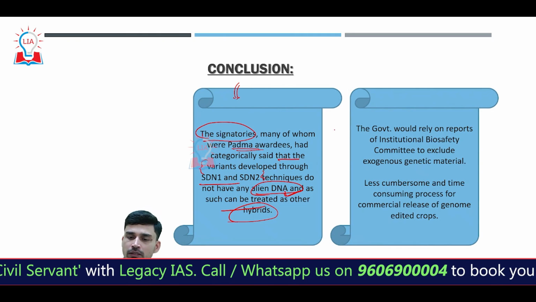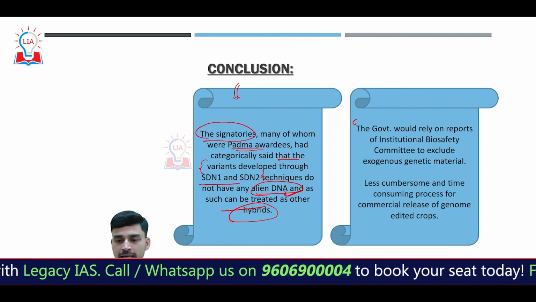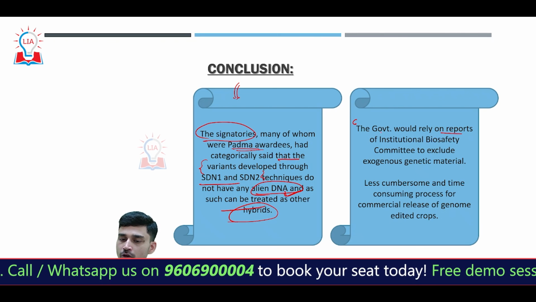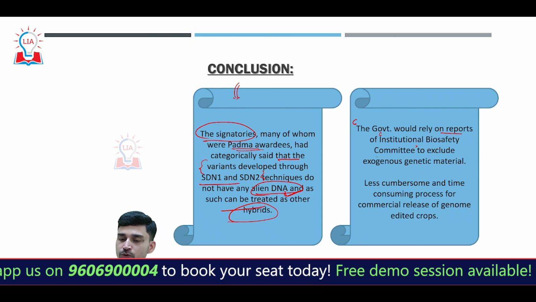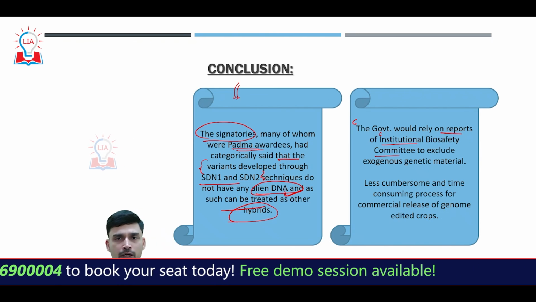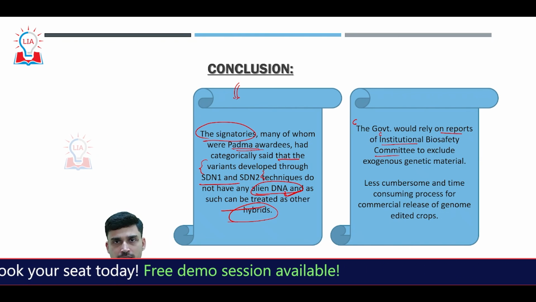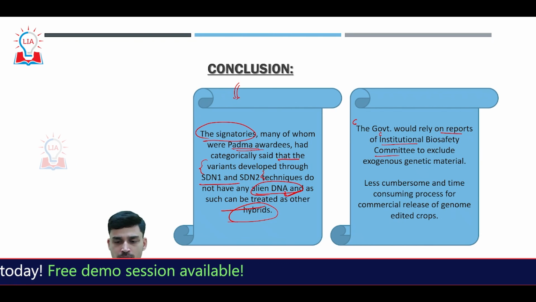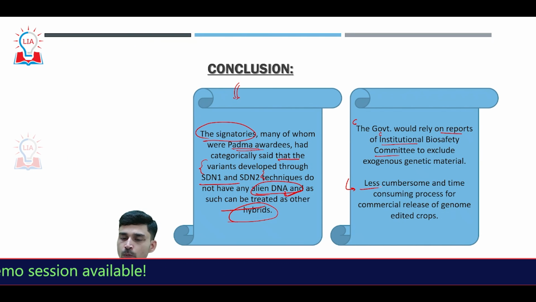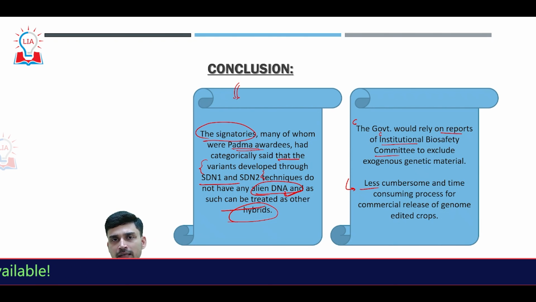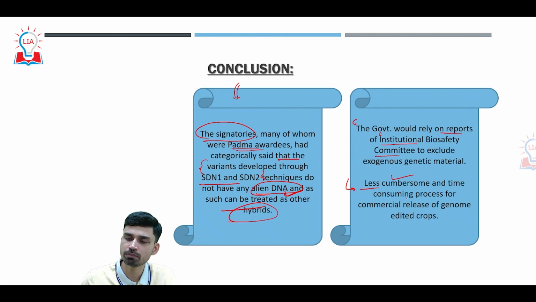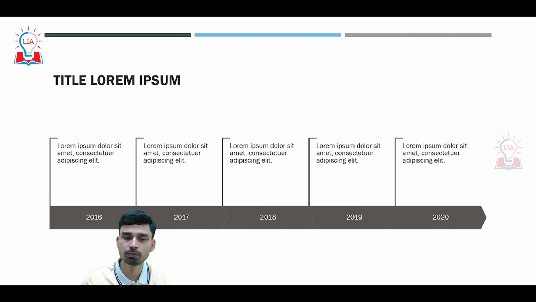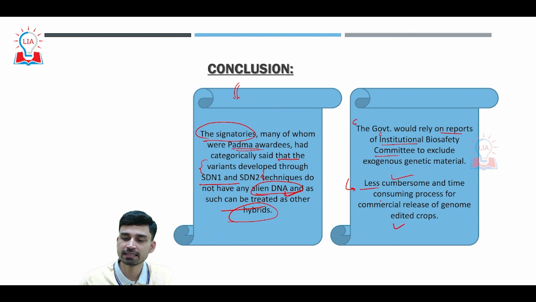The government has also agreed to their proposals and has said that it would rely on the reports of a special committee, that it is going to institute an institutional biosafety committee to exclude exogenous genetic materials that might be introduced in genetically edited crops. Thus the whole process of regulatory approval and market access will become much less cumbersome and less time consuming, and genome edited crops can be easily introduced into the market, and will help farmers, consumers, as well as the government at large. So that is all about this particular issue.